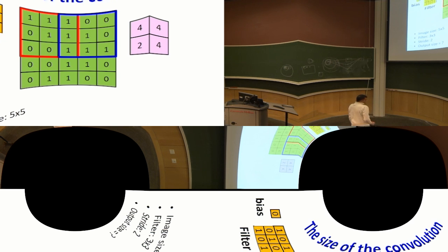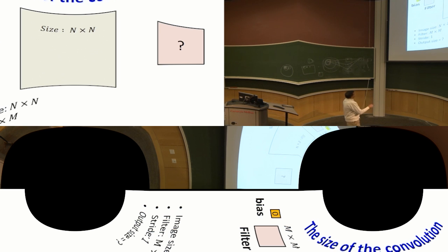Now if I had a stride of 2, after just 2 steps, I'm going to run out of image. So the output is going to be 2 cross 2. I can do the generic arithmetic. If my input image is n cross n, and my filters are all m cross m, then what is the size of the output going to be? If I have a stride of 1, it's n minus m plus 1.